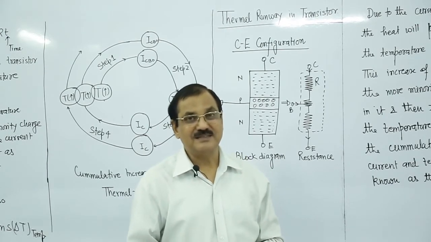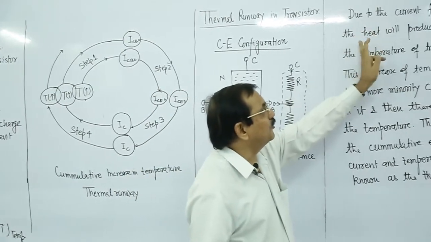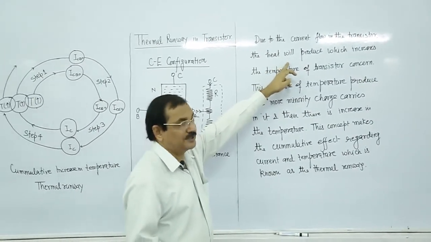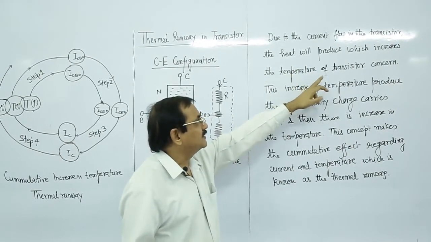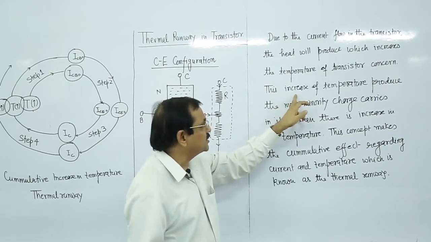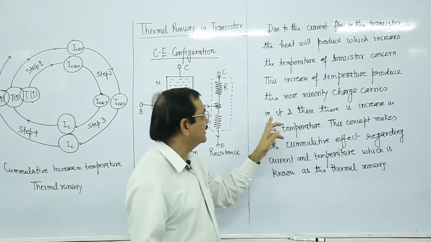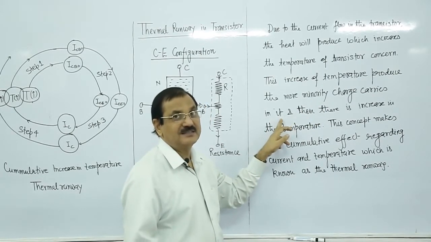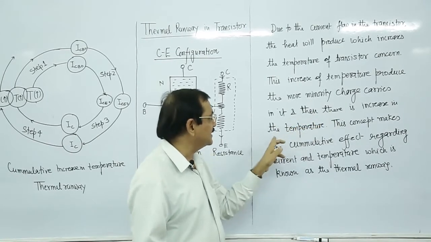So how does this happen, let us see here. Due to the current flow in the transistor, heat will be produced, which increases the temperature of the transistor concerned. This increase of temperature produces more minority charge carriers in the transistor. And then there is a further increase in the current and temperature.